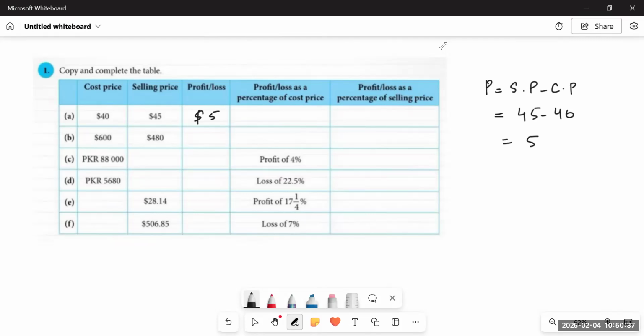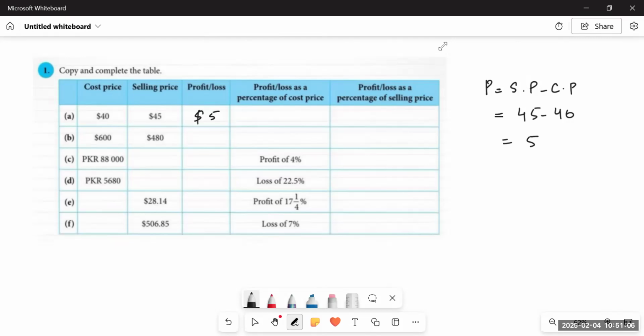And in the reverse case, when the cost price is higher than the selling price, like if the cost price is $600, but the selling price is less than the cost price, because I incurred $600 in buying that particular object, whatever it is. I gave the shopkeeper $600 to buy something.